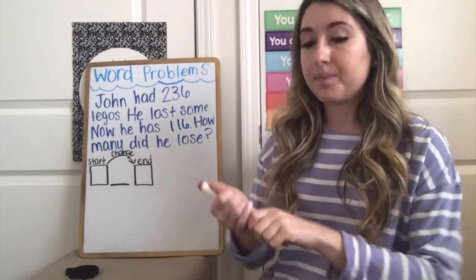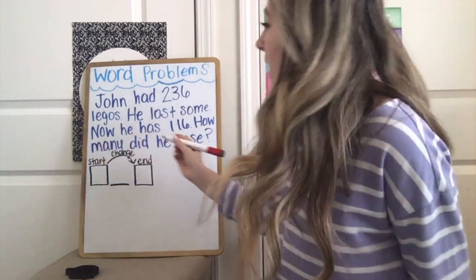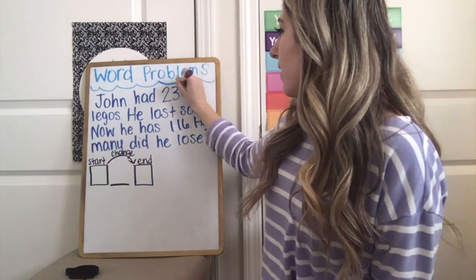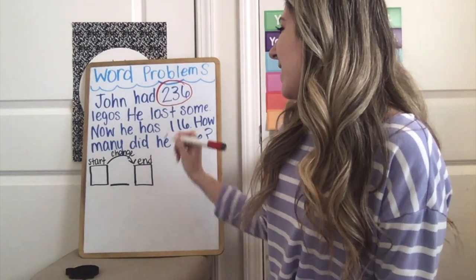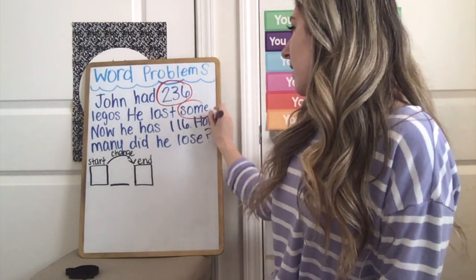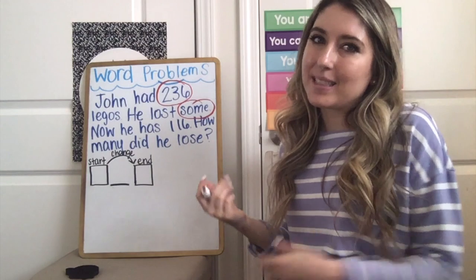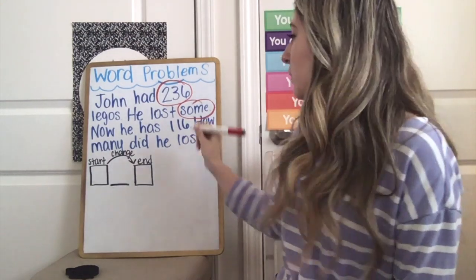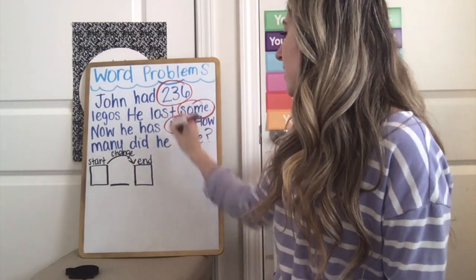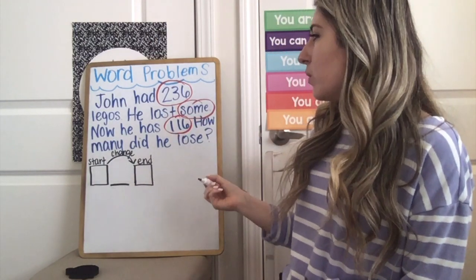So he had 236. And then he lost some. Okay, I don't know how many that is, but I know he lost some of them. And now he has 116. How many did he lose?